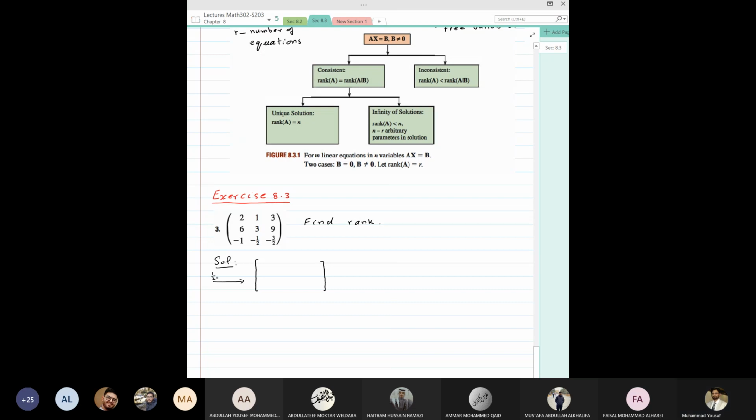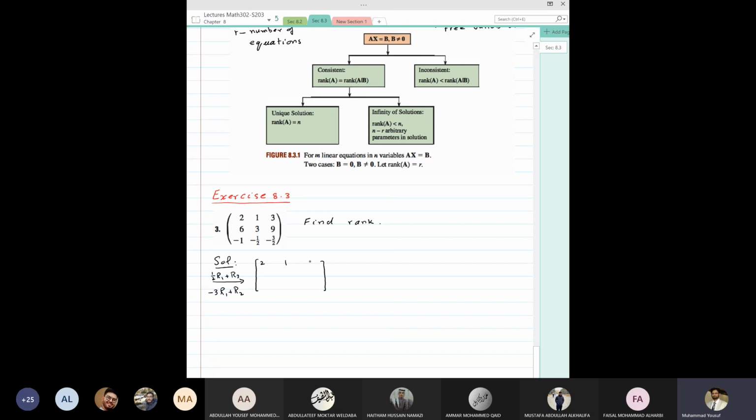1/2 row 1 plus row 3, because we just need to see how many non-zero rows are there. So 1/2 row 1 plus row 3, and negative 3 times row 1 added to row 2.